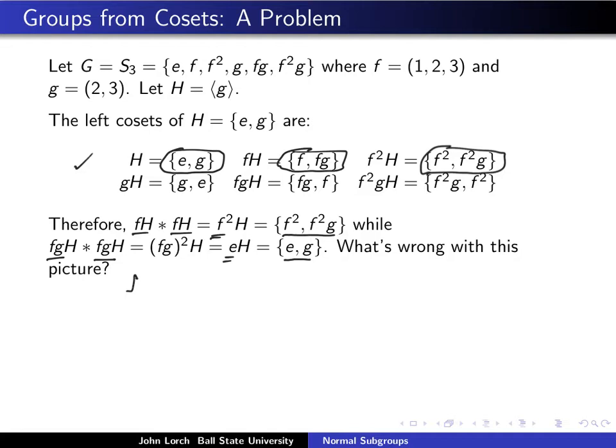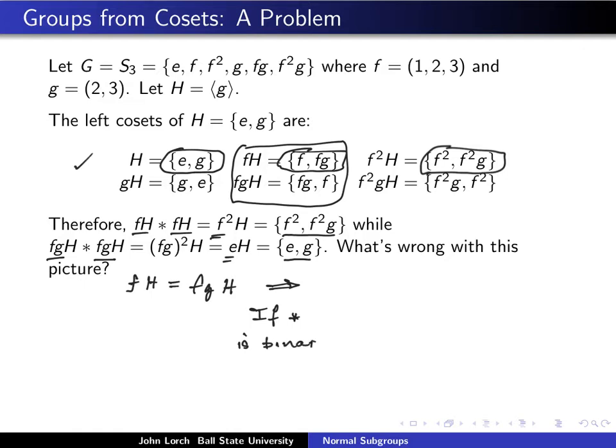Notice that the coset FH is equal to the coset FGH, right? You just go up to the list here and notice that these cosets are exactly the same set. And so that needs to imply, if this operation star on cosets is legit, that is, if it's some binary operation, then it's got to be well defined as a function.